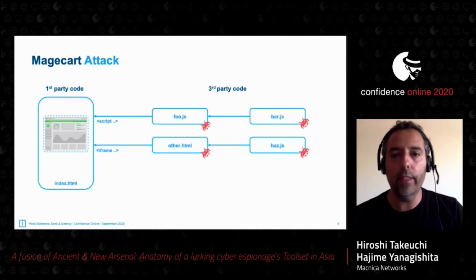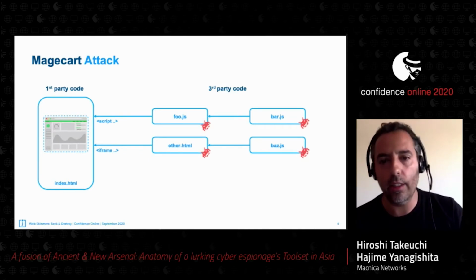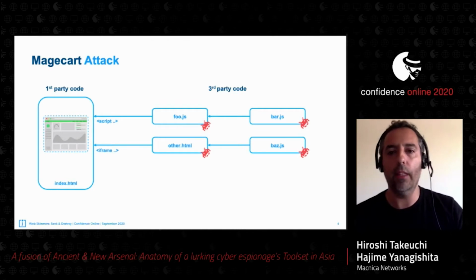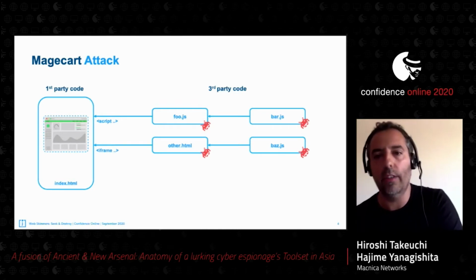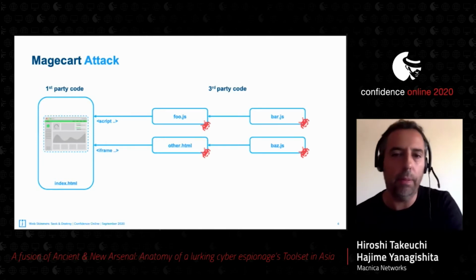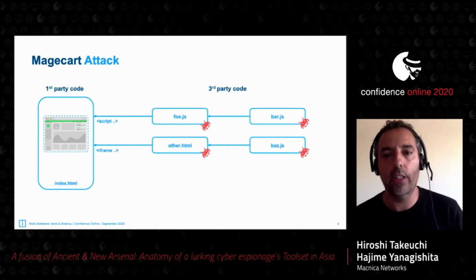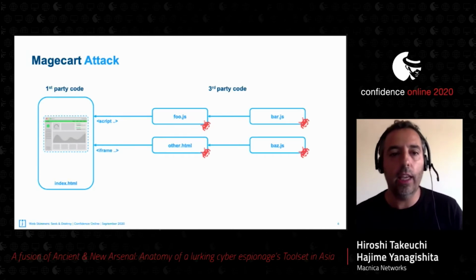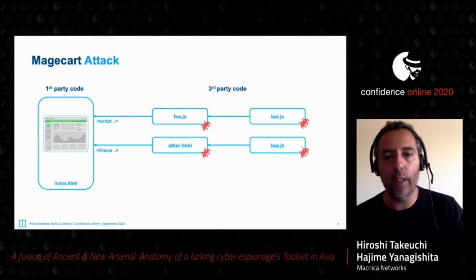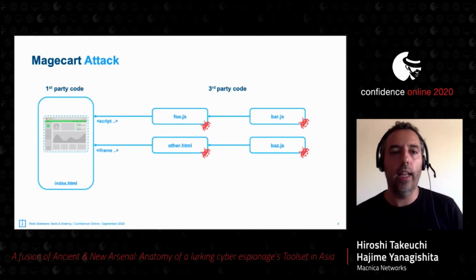So what happens if one of these files is compromised? Maybe the servers were breached, maybe the attackers were able to penetrate the server and change the JavaScript in place. By doing that, they can inject arbitrary JavaScript code, and that JavaScript code will have access to everything, including form fields or payment forms. And that's what they do.